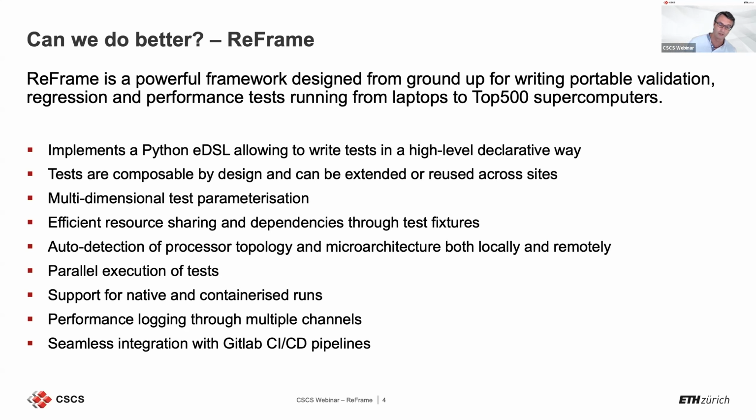That's especially useful for teams that have codes in production, and we use that a lot at CSCS. Another cool feature, especially useful for development, is that it has seamless integration with GitLab CI/CD pipelines. So you can use it to generate a child pipeline for you. I'm going to briefly touch on this topic.